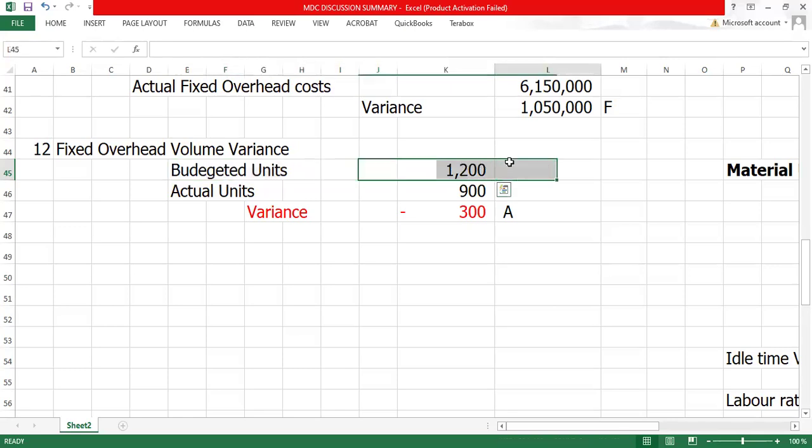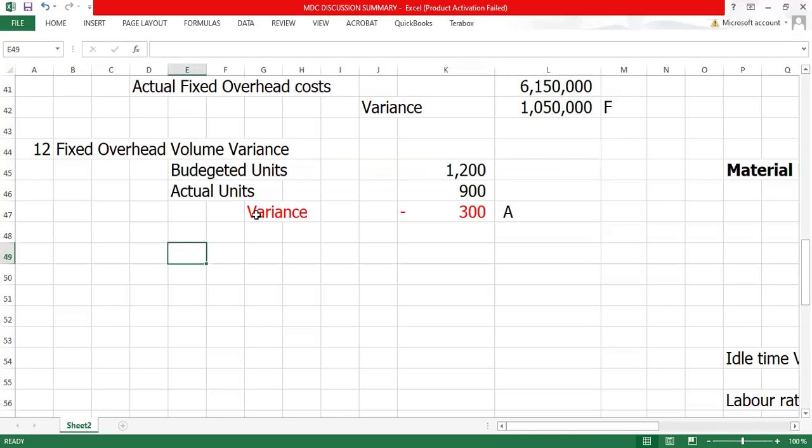No, we budgeted to make, as a company, you always wish to do what? To make less or to make more? For you to have a favorable position as a company, look at it from that angle.